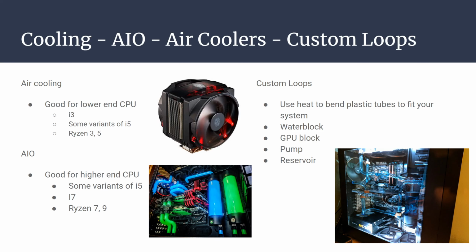But if you care a bit more about aesthetics, or you have an i9 or an i7 or a Ryzen 7 or a Ryzen 9, or even certain types of the i5 which are fast and take up a lot of heat, I would get an AIO, what's called an all-in-one cooler. Basically, it's a pump on the CPU which pumps warm liquid away from the CPU to a radiator, which will cool that liquid, send it back to the CPU, and then that process keeps on continuing to keep the CPU cool.